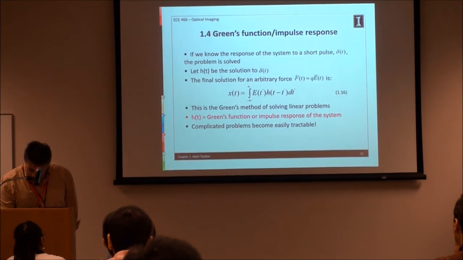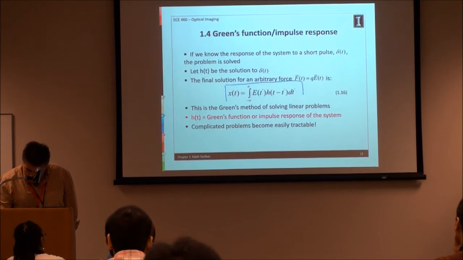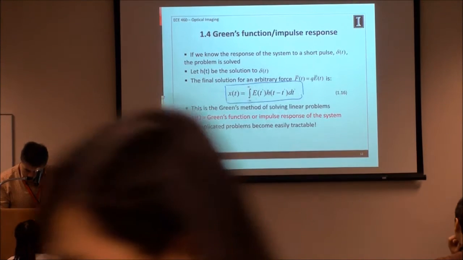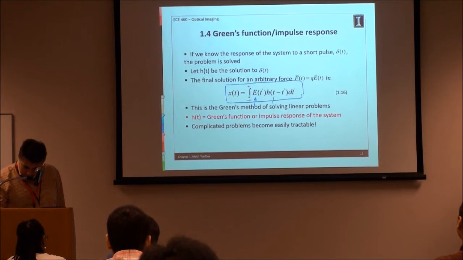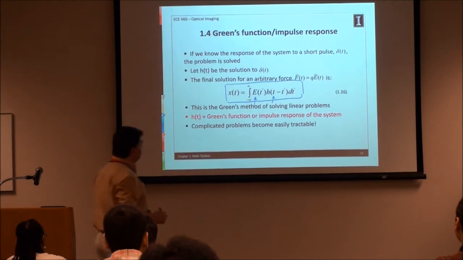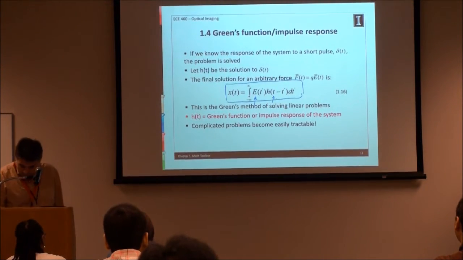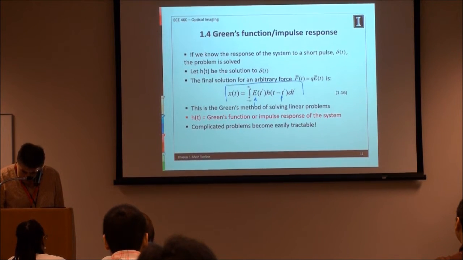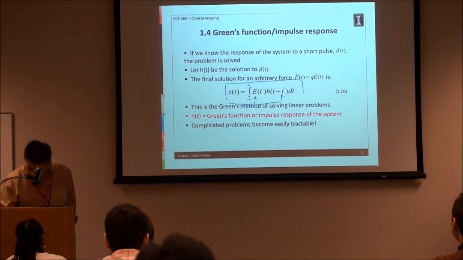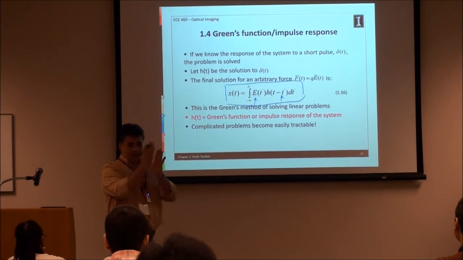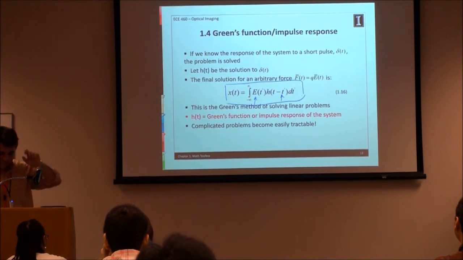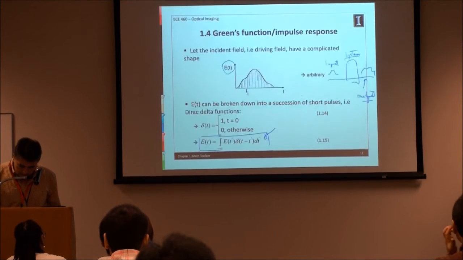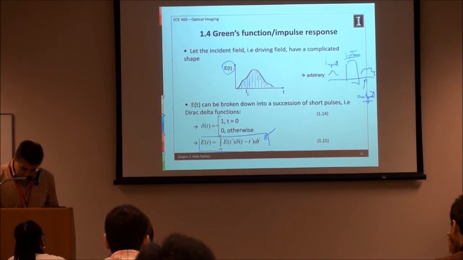What I get in the end is summing all those h's with the proper amplitude given by the input, and with the proper shifting. Probably I should point to t prime. So this integral is again adding the responses to all the delta functions, shifted at the proper position and with the proper amplitude, which I just showed you comes from here. So there is an amplitude at this point, another one here, and so on.